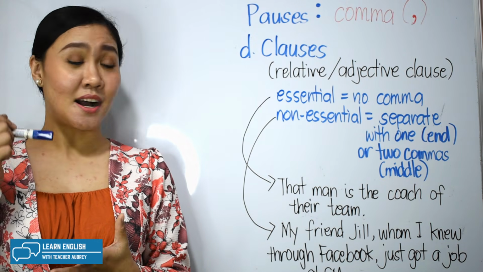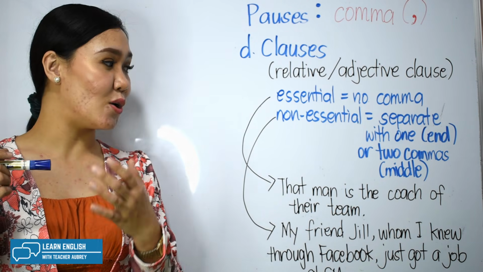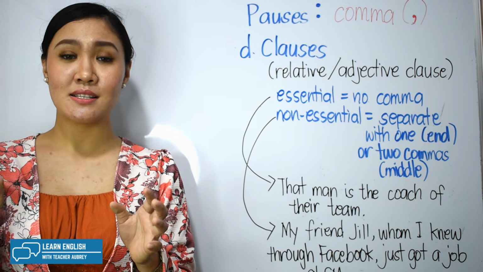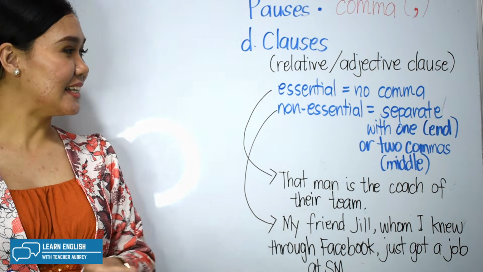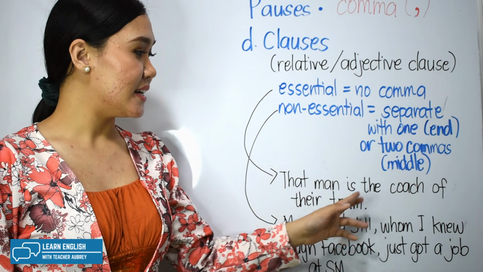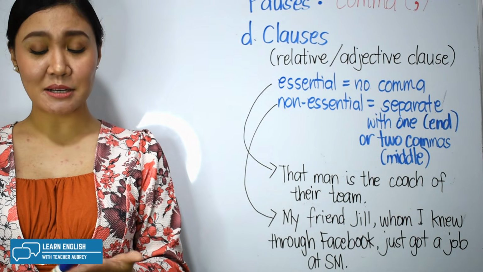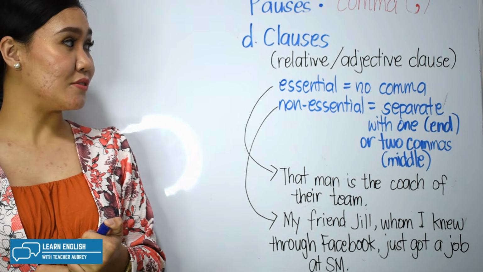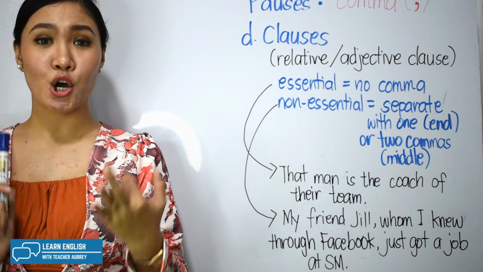Maaaring lagyan ng isang comma kapag nasa hulihan siya, bago siya isulat, comma muna, o kaya naman kapag nasa gitna siya, sineseparate siya gamit ang comma sa pagitan niya. Tingnan natin itong mga halimbawa. Para sa essential, we have that man is the coach of their team. Karaniwan, ginagamit nating mga salita for the relative or adjective clause ay that, which, who.